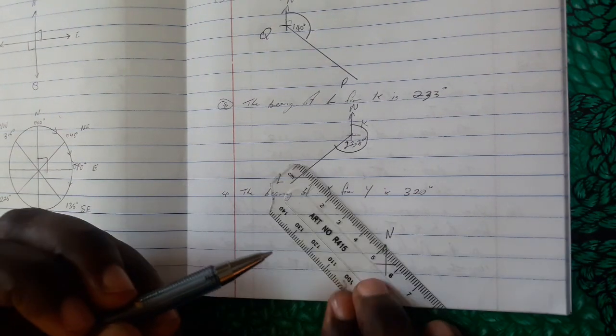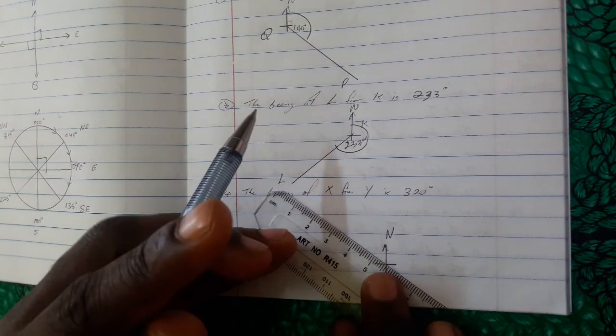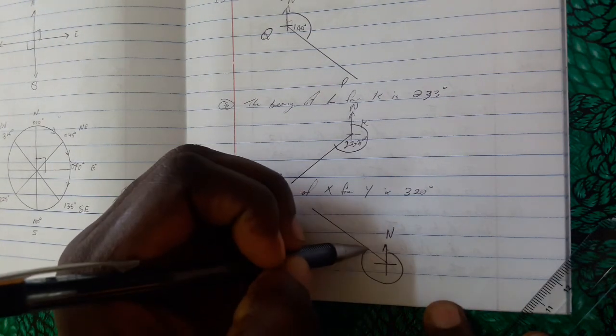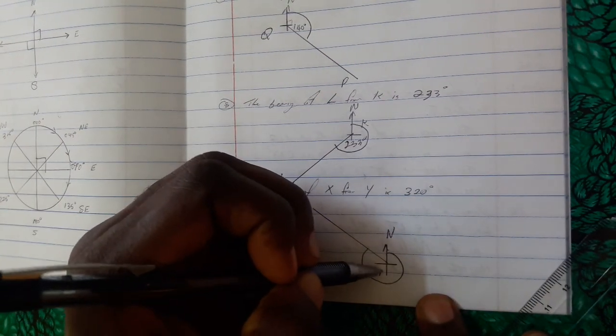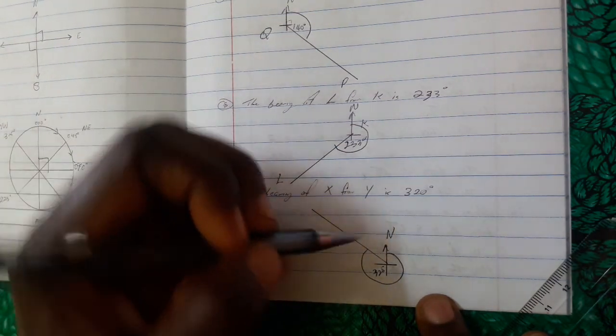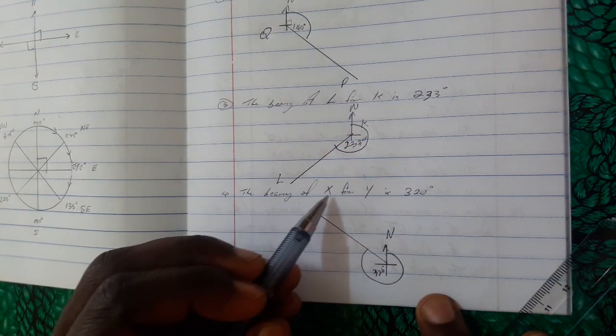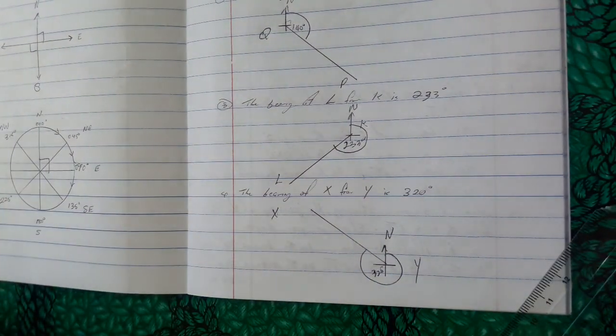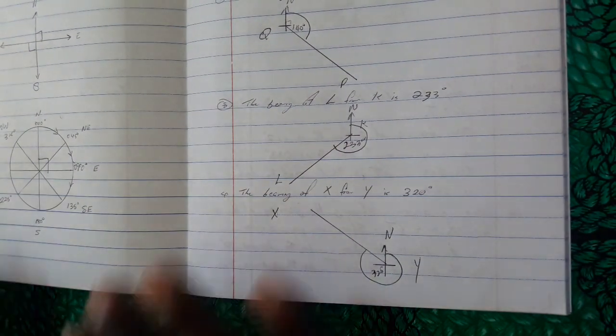So it goes that way. So the entire angle there is 320 degrees, and it's X from Y. So this is Y, and up here is X. And that is our bearing.